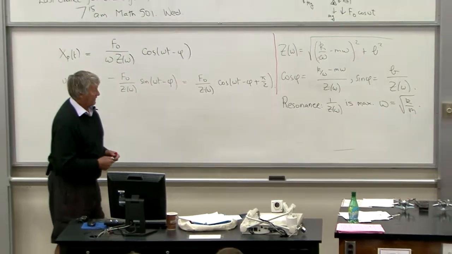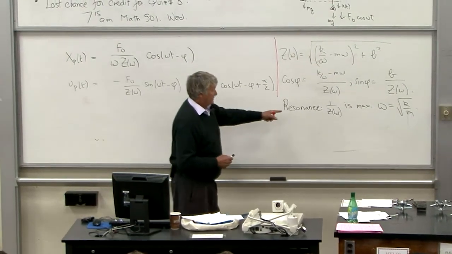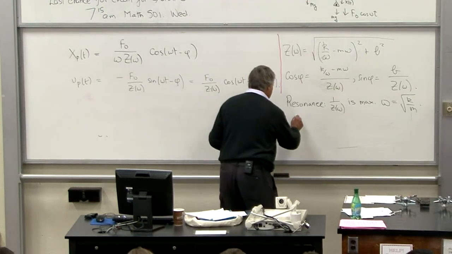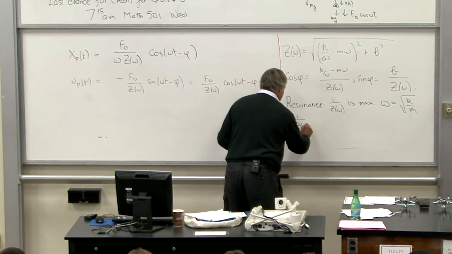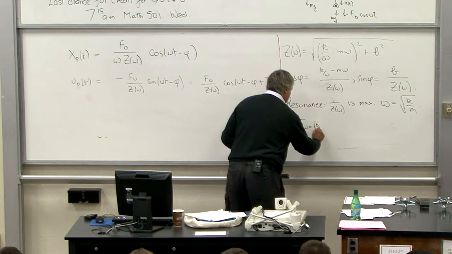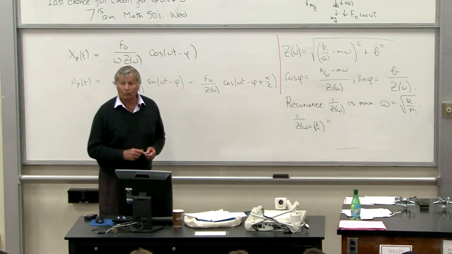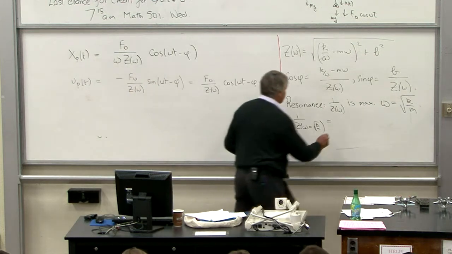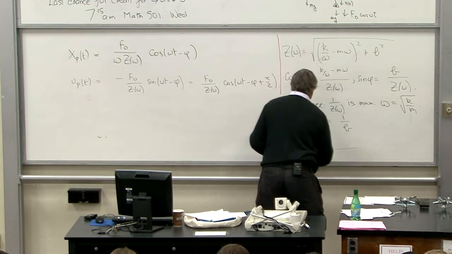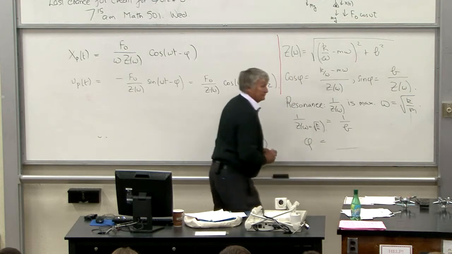Okay? In that case, what is 1 over Z(omega)? What's it going to be equal to? 1 over b. What's phi going to be equal to on resonance?